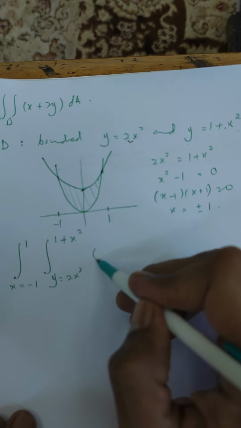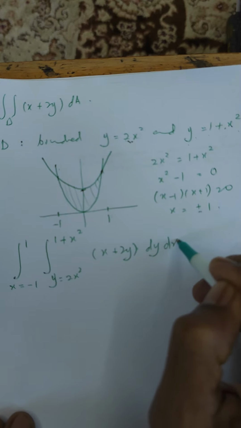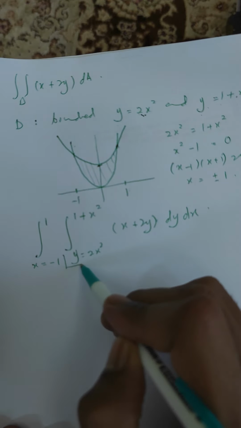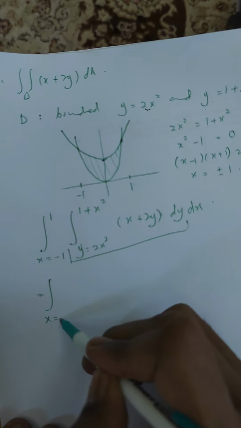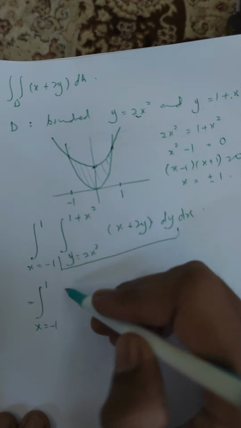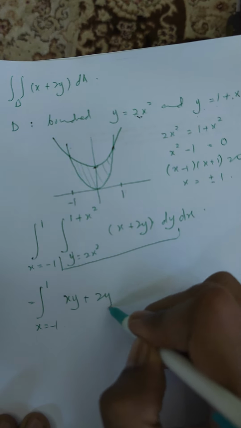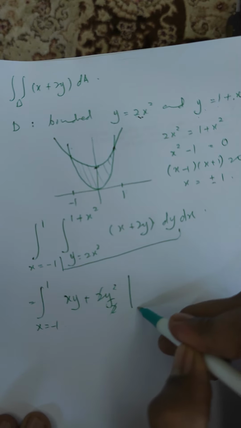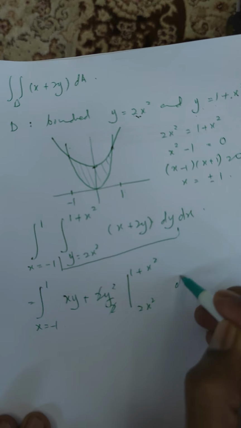The function inside is the same, x plus 2y, now dy dx. Evaluate first the inner integral: we integrate with respect to y, so we have xy minus 2y squared over 2, which cancels out, with y from 2x squared to 1 plus x squared, dx.